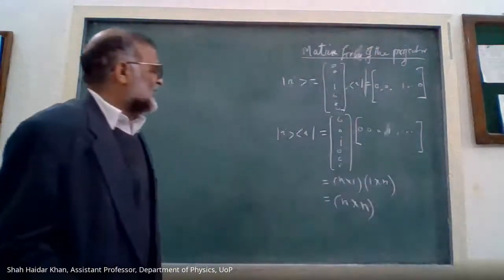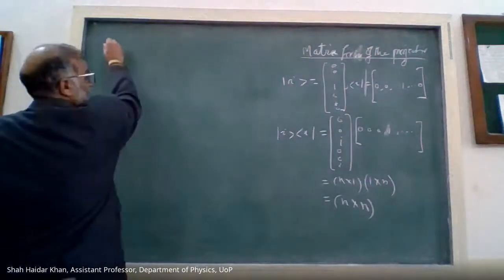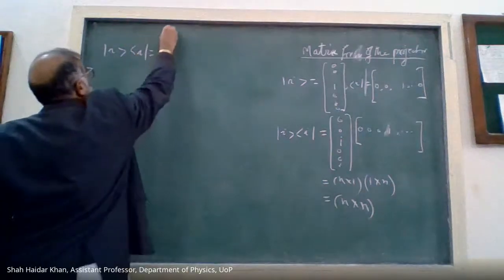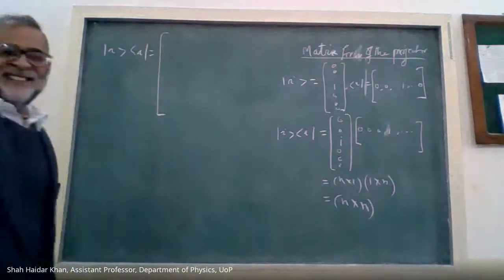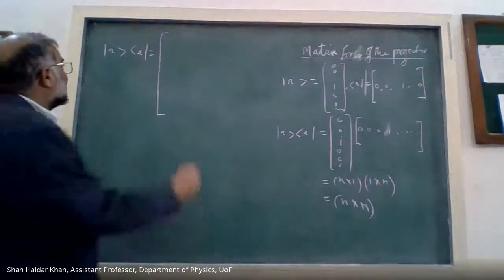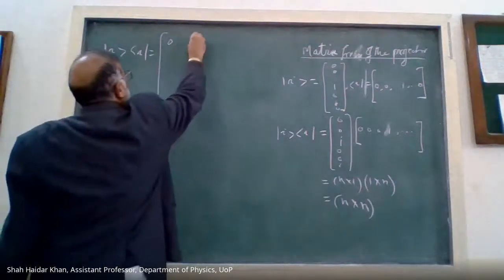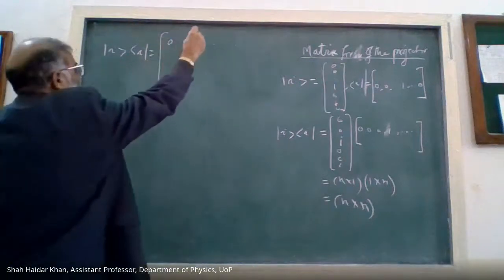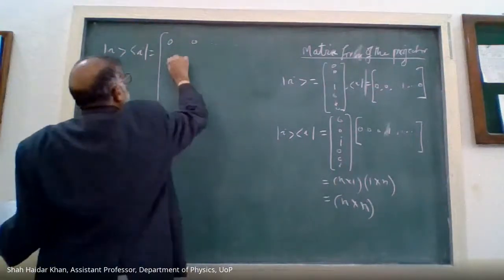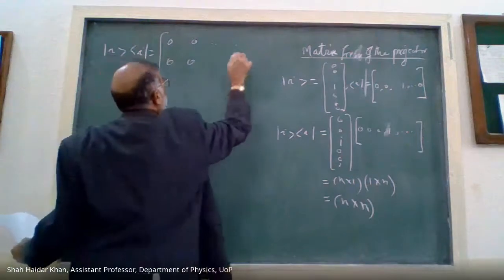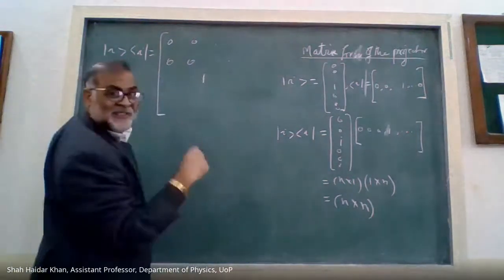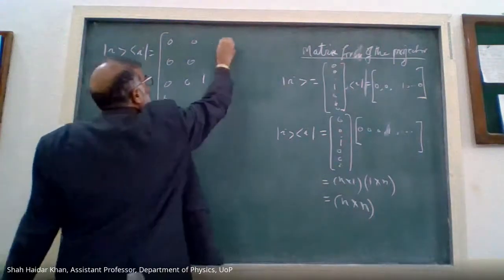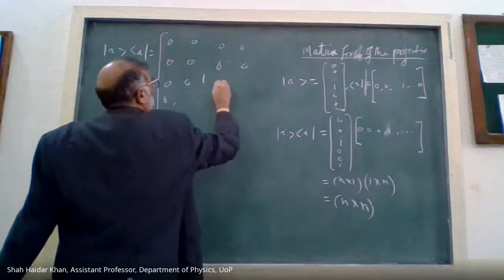So we can write this here as an n by n matrix, with 0, 0 everywhere and 1 in one place.